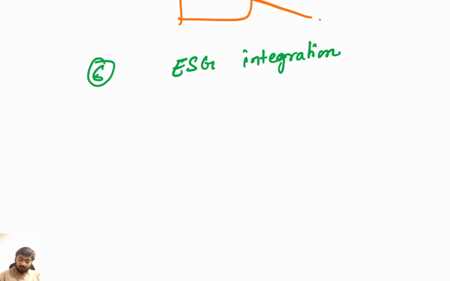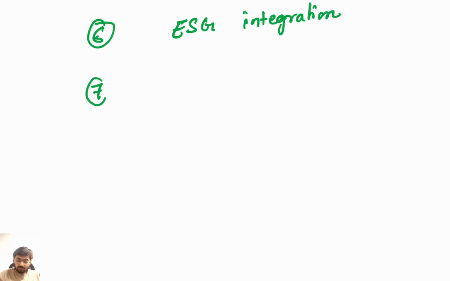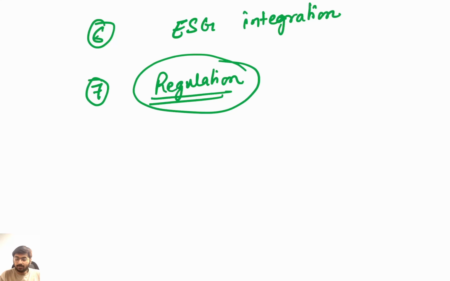Clear? Coming to the last point of this summarized lecture, it is regulations. It is about regulations. Because see, when there is so much, then regulations are very important. Otherwise, these companies will make fools of these investors. Clear? Now, because the market is maturing, regulations are becoming stronger and stronger.